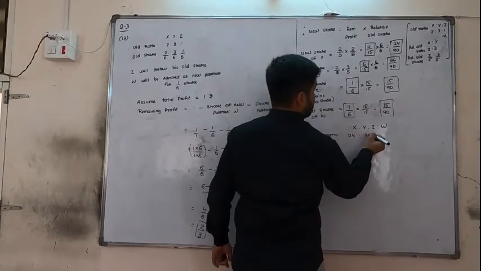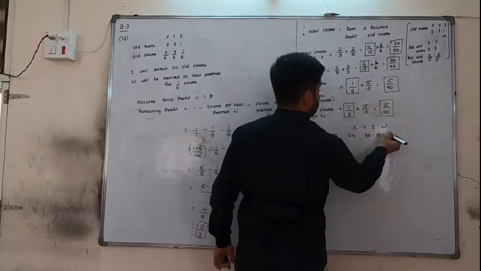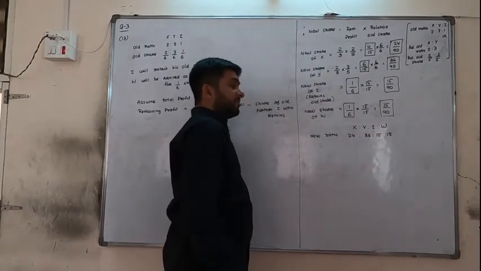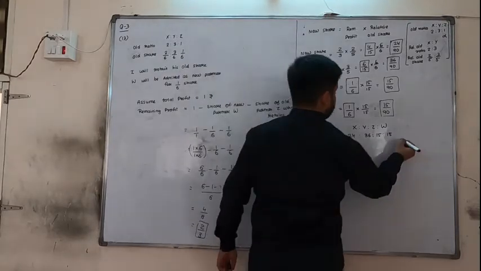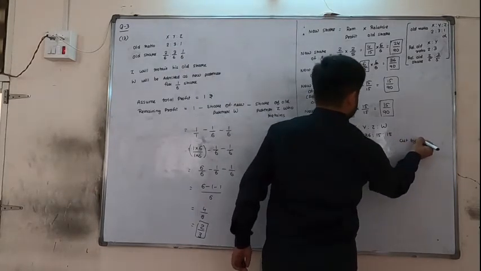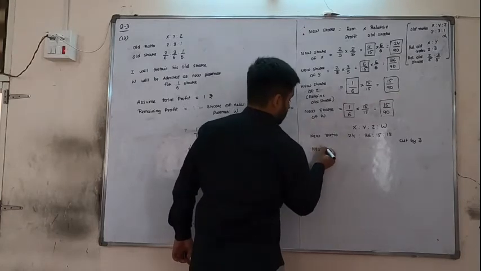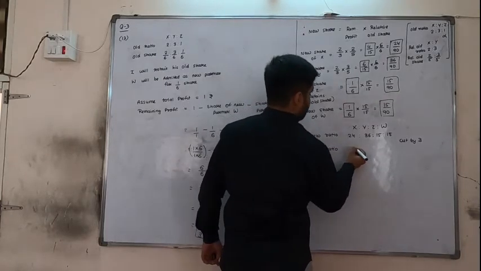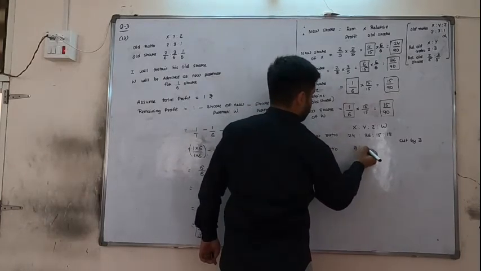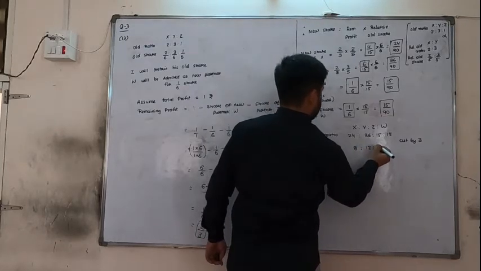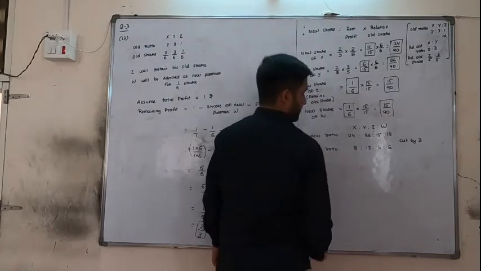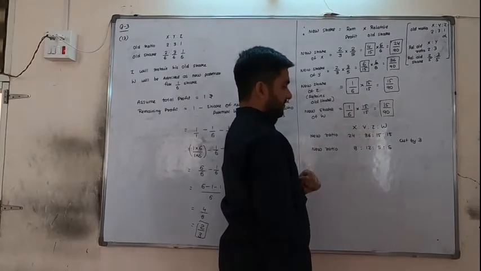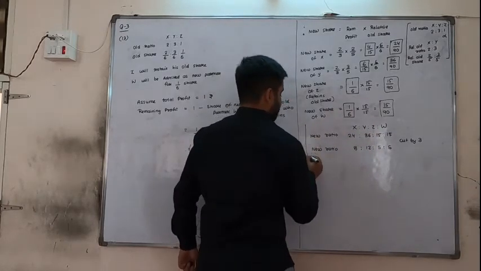24 is to 36 is to 15 is to 15. Now with what value can we cut? We can cut only by 3. So now the new ratio will be 8, 12, 5, 5. 5 3s are 15, 12 3s are 36, 8 3s are 24.